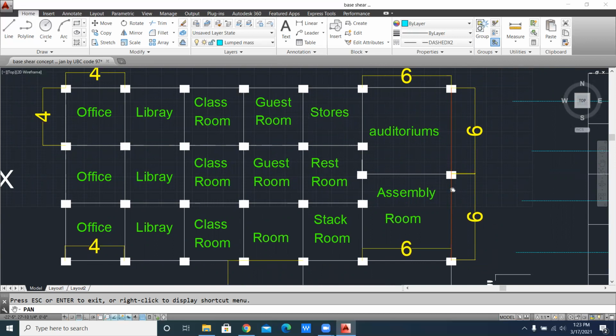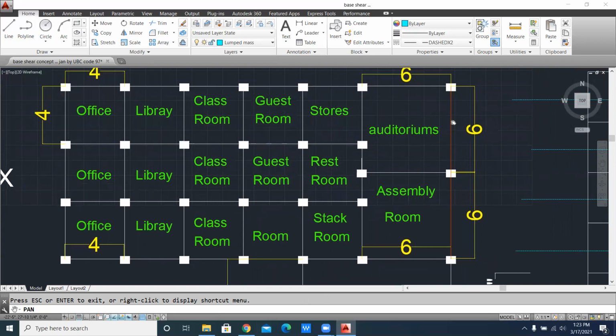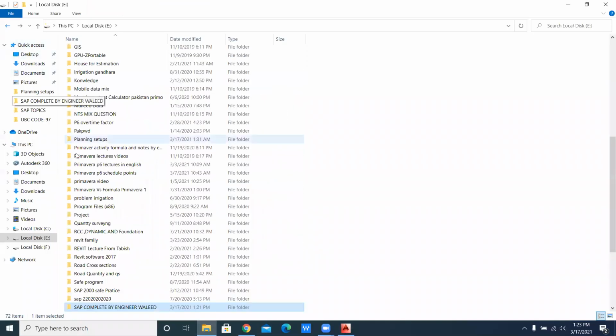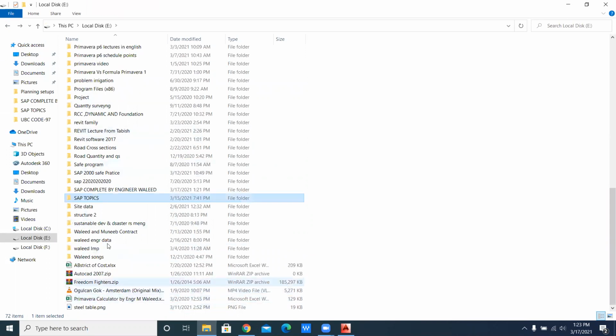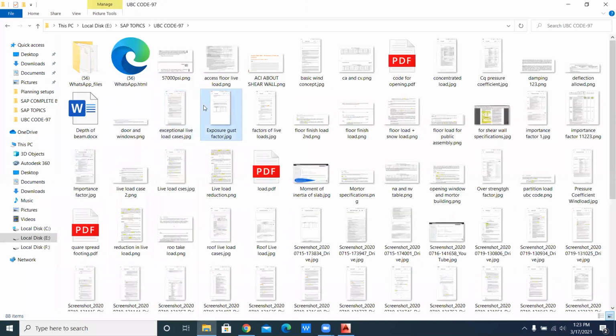That is shear wall. Our code, UBC code 97, says that a shear wall's thickness is normally 200 mm, that is 8 inch. I have taken some snapshots of the UBC code here.